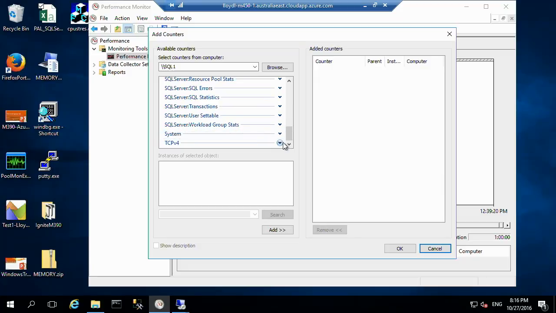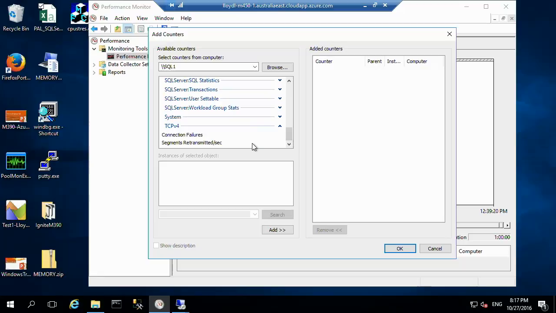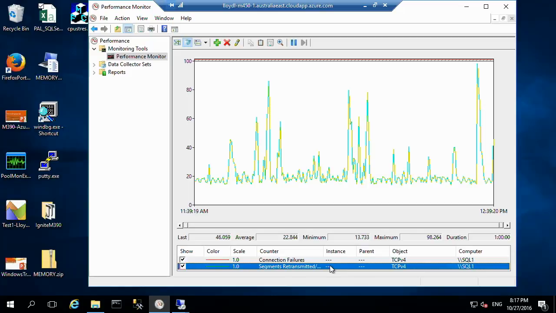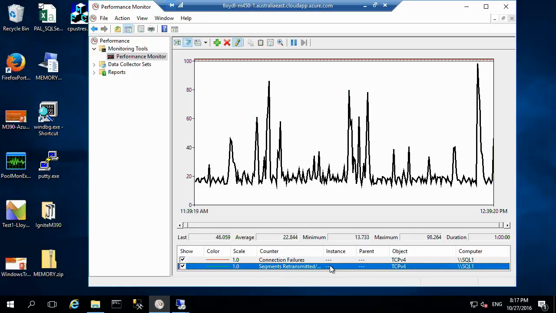You have to look under TCP v4, and under TCP v4, can you see that there is a connection failure as well as the other item here, which is your segments retransmitted per second. Now, I can't give you a definite threshold, but what I can say for this particular customer is that if you look at his segments retransmitted, he basically had, on average, approximately 20 segments retransmitted per second.